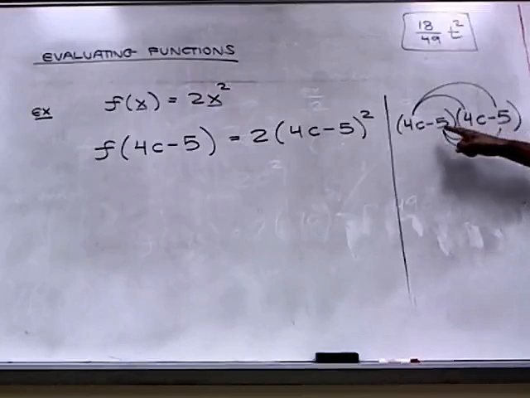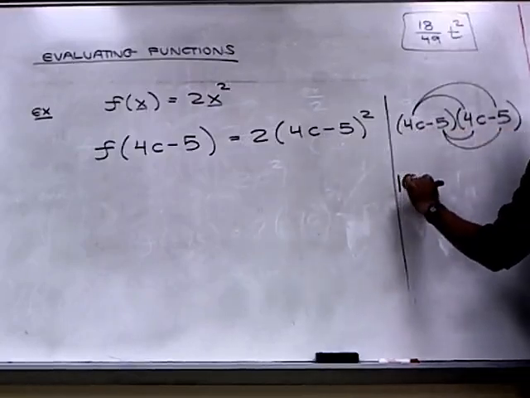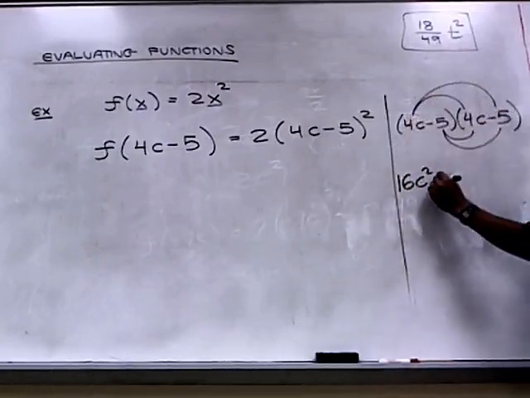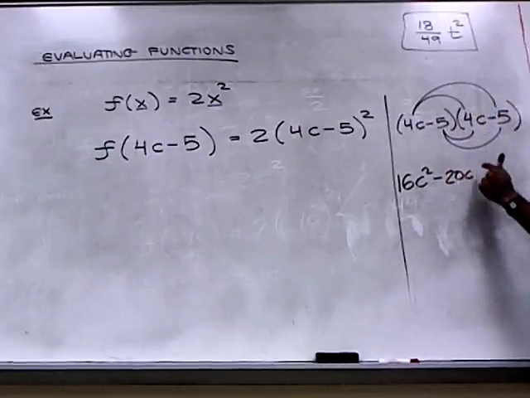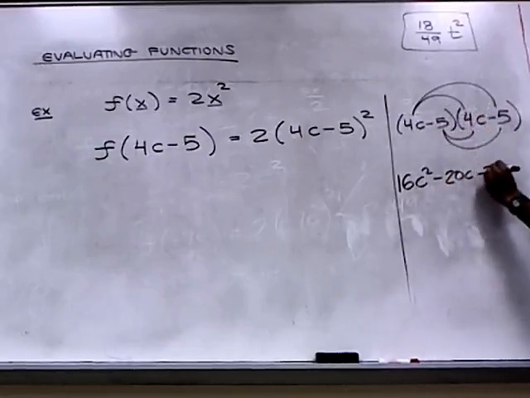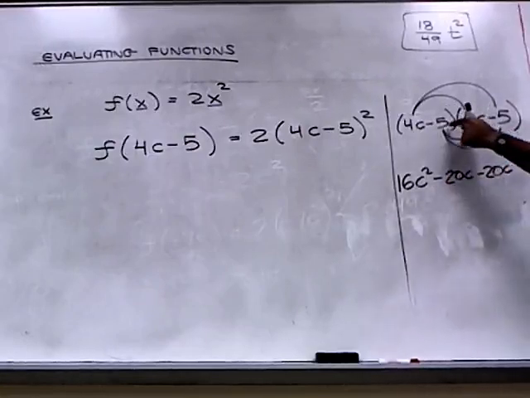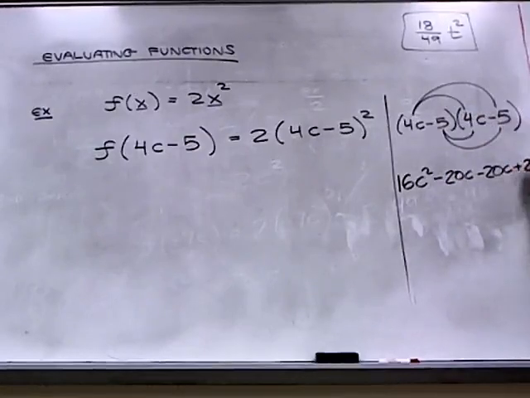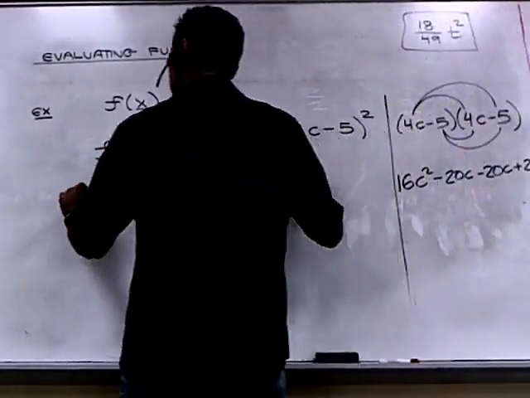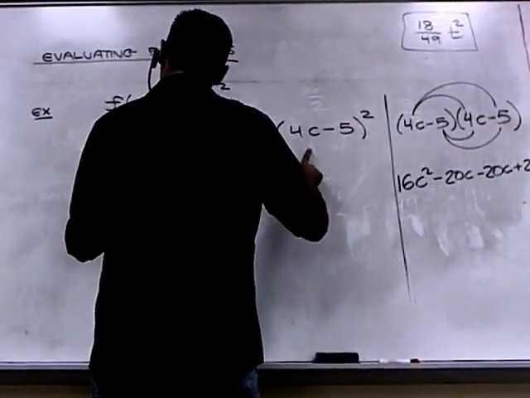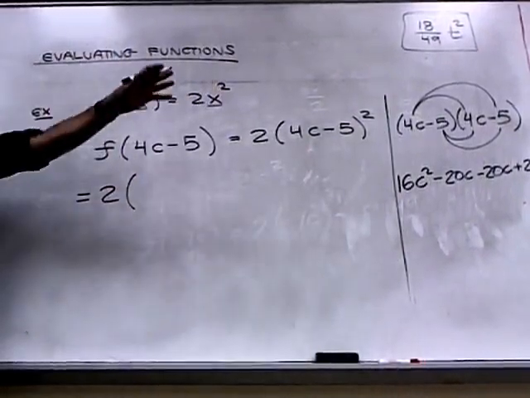FOIL this out. What do you get? 16c squared minus, see, 4c times negative 5 is negative 20c, and then negative 20c again, and then plus 25. I'm probably off my camera, but that's okay. Combine these together, these two become negative 40c. So over here we have 2, and then the 2 is going to have to distribute through.